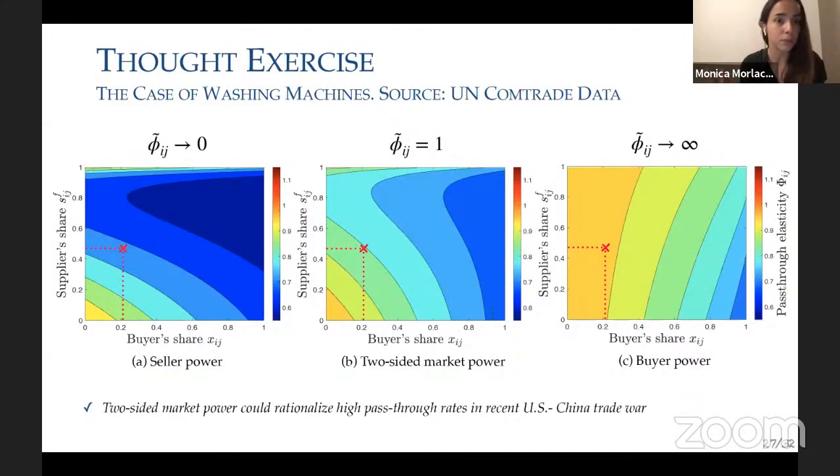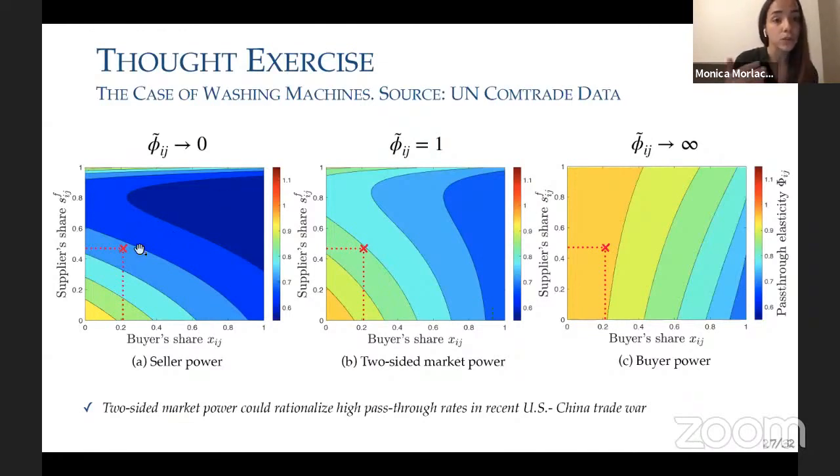So if we use this information, suppose that these were coming from individual firms, one individual firm from China exporting to the US and one individual firm importing from China, then our model would suggest that we could be in either of these three cases, depending on how the bargaining power is split among importers and exporters. In the standard case, where we assume that the seller is the price maker and the buyer is a price taker, the standard framework would predict an incomplete pass-through of a shock to the bilateral import prices, which is what we would expect from the Atkeson-Burstein framework, for instance.